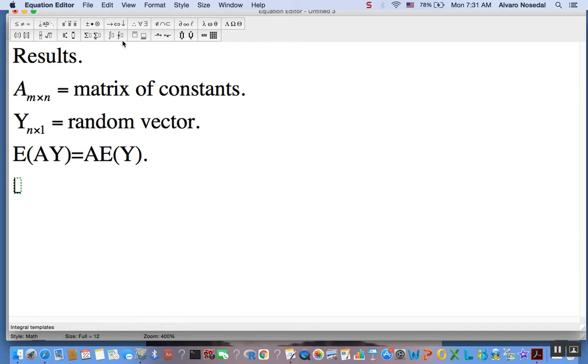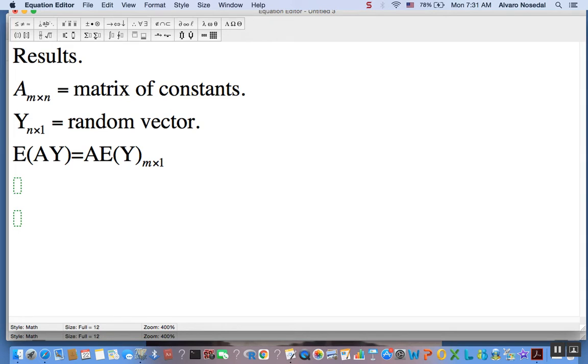Another thing that I want you to bear in mind is that this expected value is now a vector, and note that the dimension of that expected value will be m by 1.